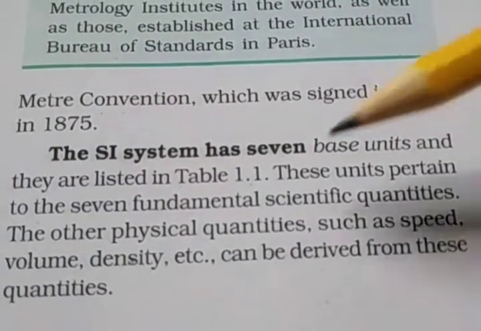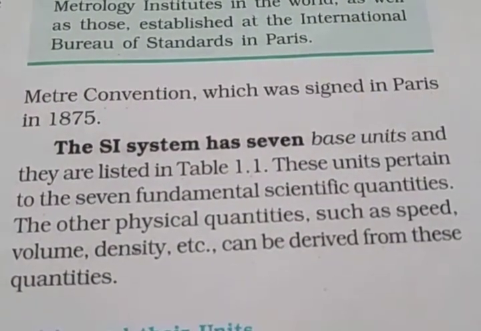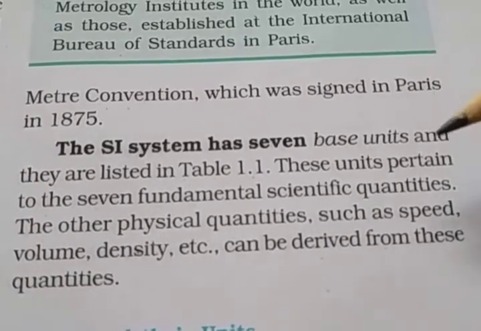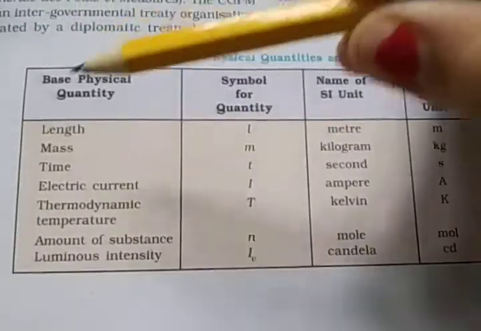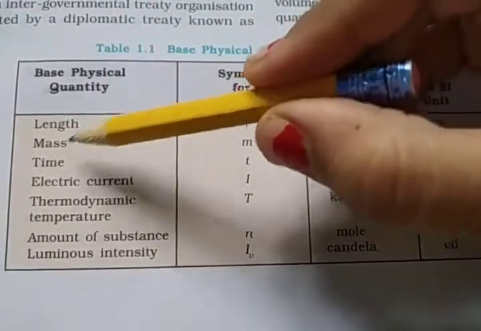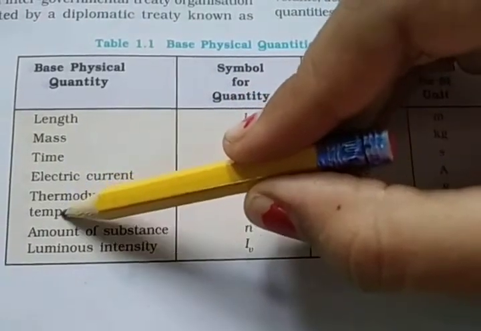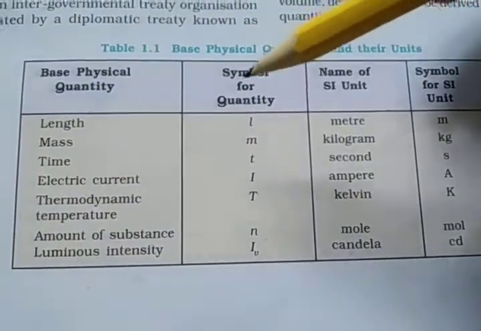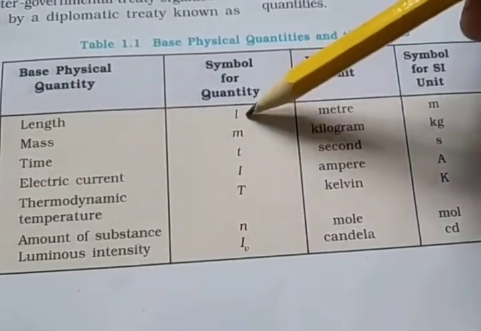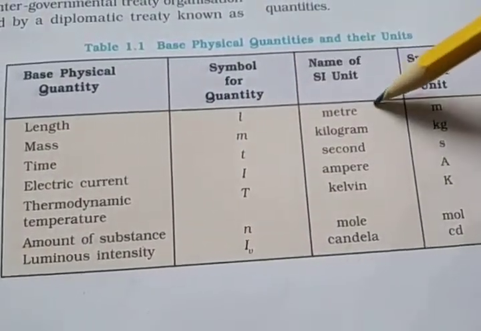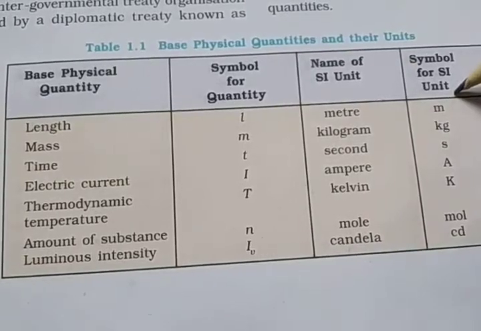The SI system has 7 base units. These are the base physical quantities and their units. Length: symbol for quantity small l, unit meter, symbol of SI unit small m.